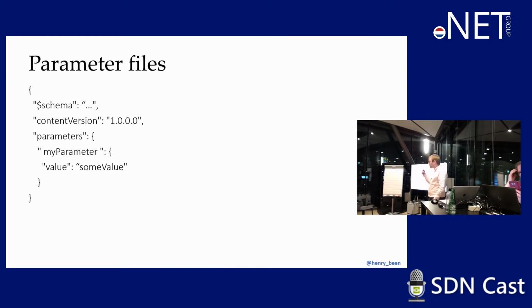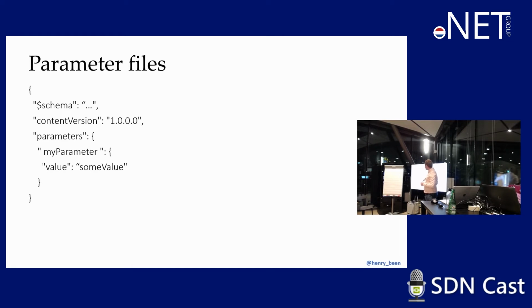Now, remember we had the declaration of these parameters at the start of our template. If you specify a lot of parameters, you might want to create two sets of parameter values, for example, one for your test environment and one for your production environment. So what you can do is, besides your template, you create parameter files that contain all the values for deployment to that environment. And they take a shape like this.